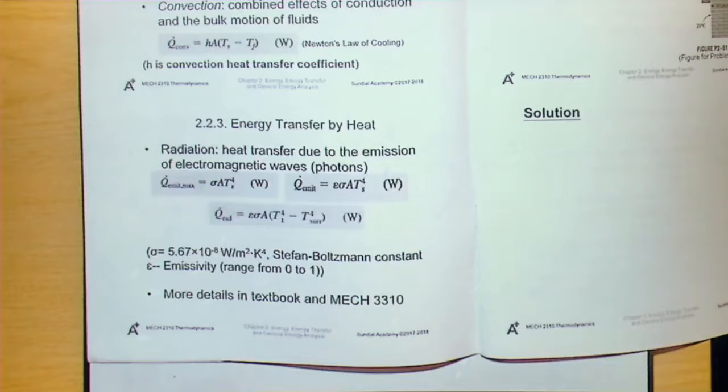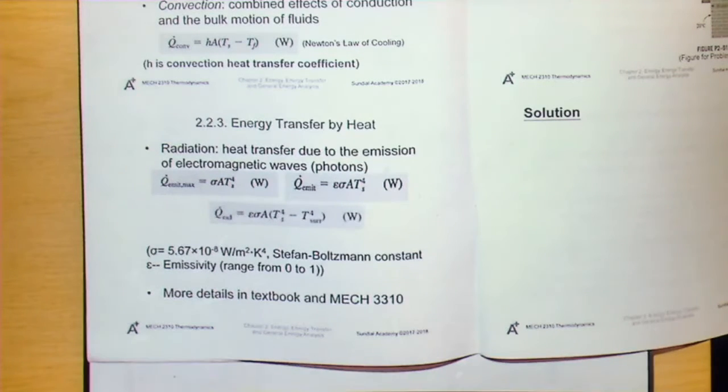Remember, it's the absolute temperature. So before calculation, if the problem has given you Ts in degrees C, you need to convert it to Kelvin. But note that this is just a theoretical maximum that is emitted by an idealized surface called a black body. Therefore, we call this kind of radiation black body radiation. That is the Q dot emit max.